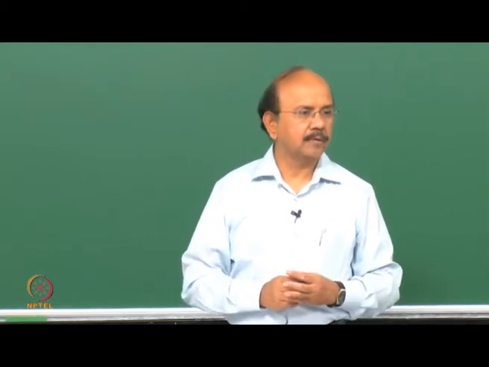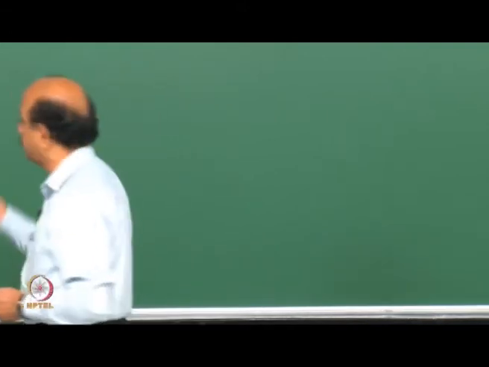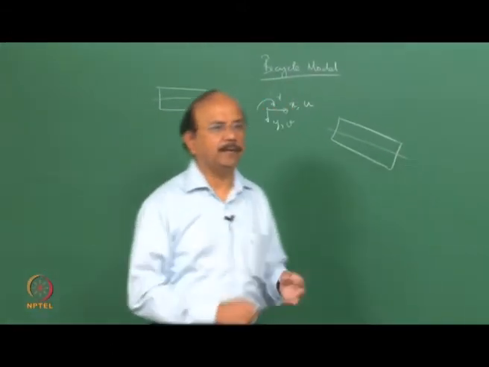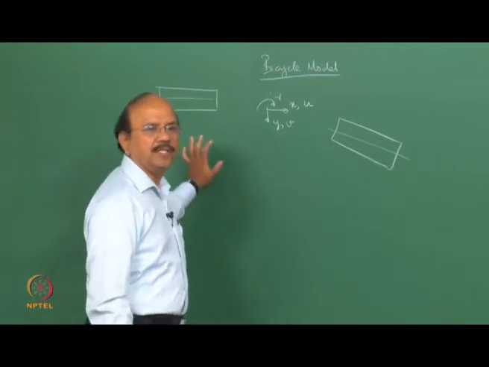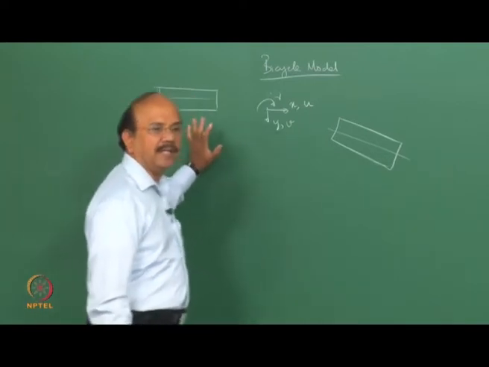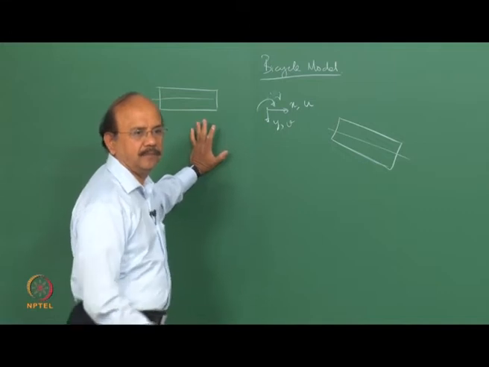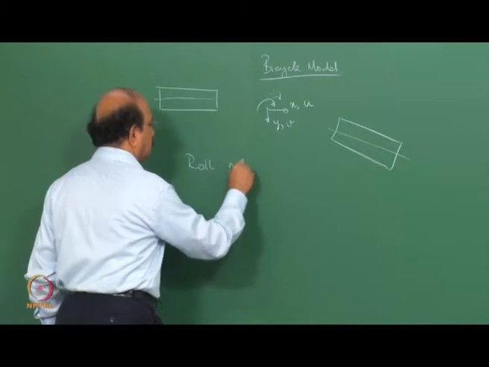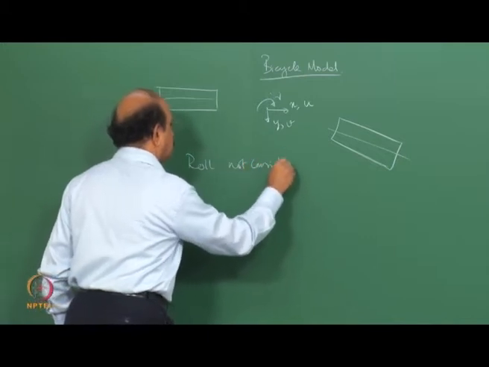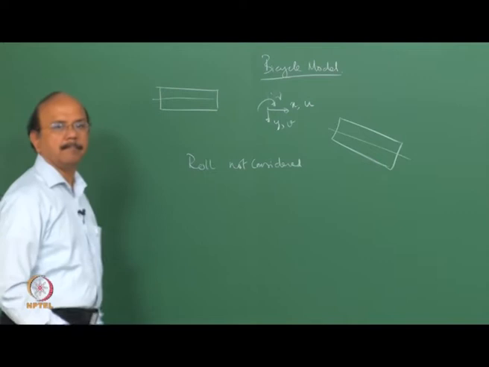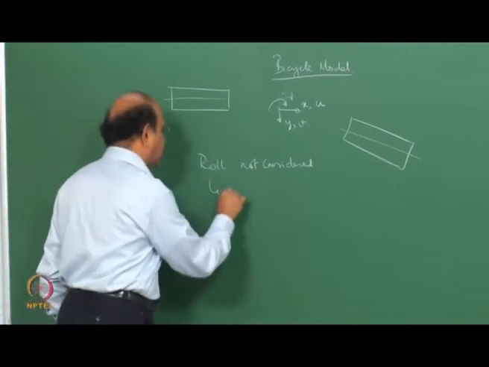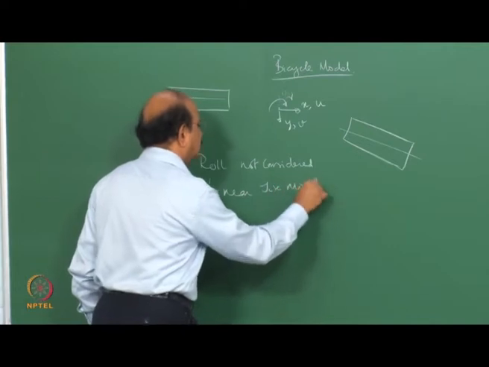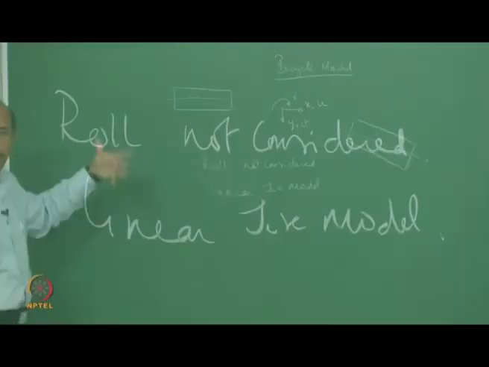The third thing, especially in this model, is to consider a linear tire. So roll is not considered, and I am going to consider a linear tire model. I can remove that later, of course.